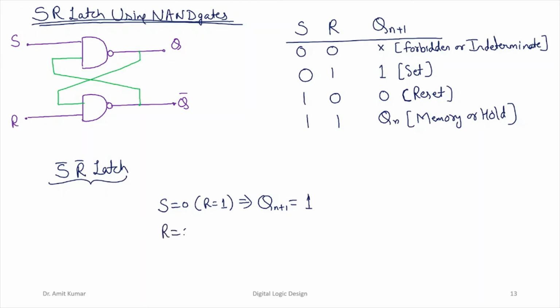Similarly, if R is active low and S is active high, the output is in the reset state, right? Since the set and reset of the outputs take place on the active low conditions of S and R, we call this implementation of an SR latch using NAND gates an S bar R bar latch, right?